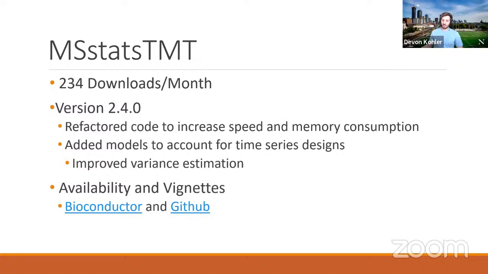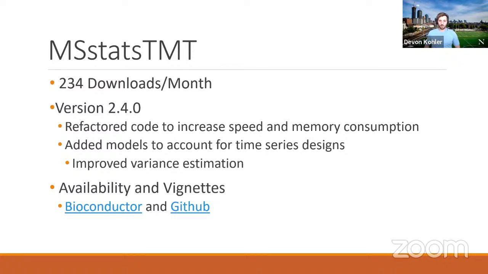MSstatsTMT is based on MSstats, so it has the MSstats refactored code to increase the speed, and it itself has been refactored, so it should be a lot faster in this version. In addition, Ting just released in the new version a new model to account for time series designs. Time series designs were already built into MSstats modeling, but now we can also do it in MSstatsTMT, which improves our variance estimation of those designs.